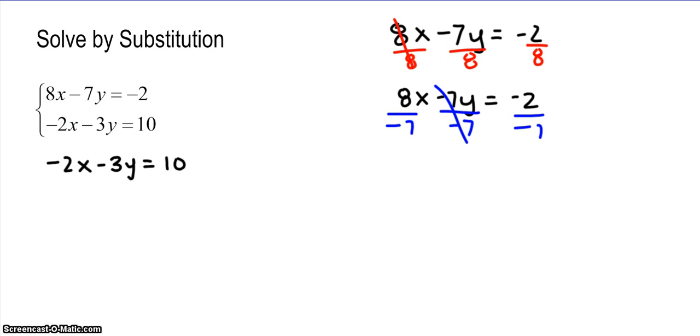I would have to divide by negative 2 if I wanted to solve for x. And you can see that although I'll be able to solve for x, I'm going to be left with a fraction with my y term.